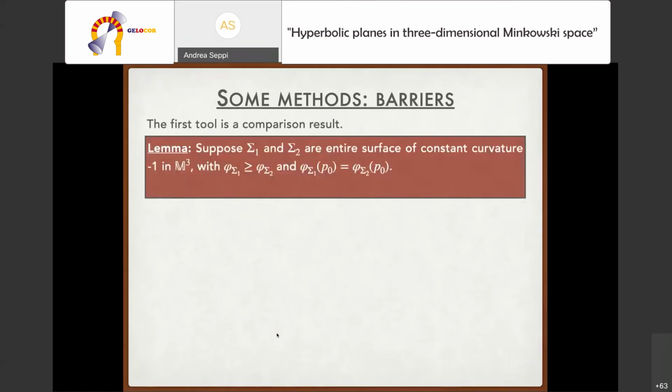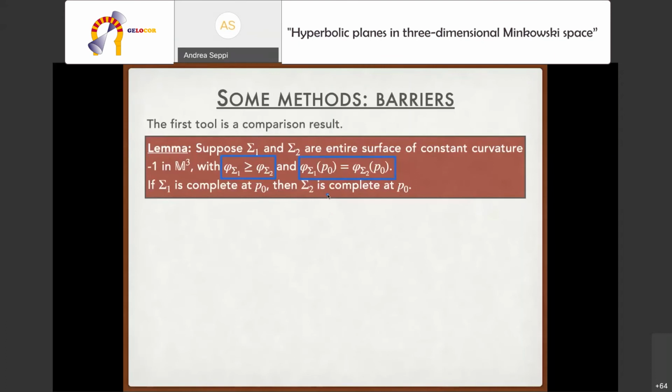We have one tool which is a comparison result. Suppose we have 2 entire surfaces of curvature -1 as always, and we have the null support function. We have an inequality on the null support function, and they agree at one point. Then we can deduce that if sigma1 is complete, then also sigma2 is complete.